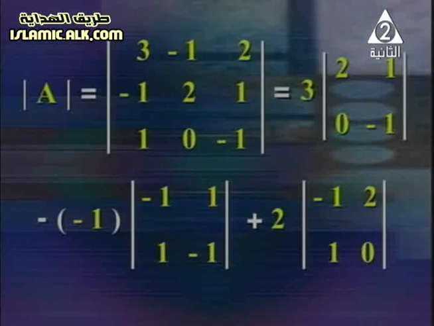What is the determinant of element 3? We cancel the first row and the first column. Why? Because 3 is A11, its position is first row, first column.